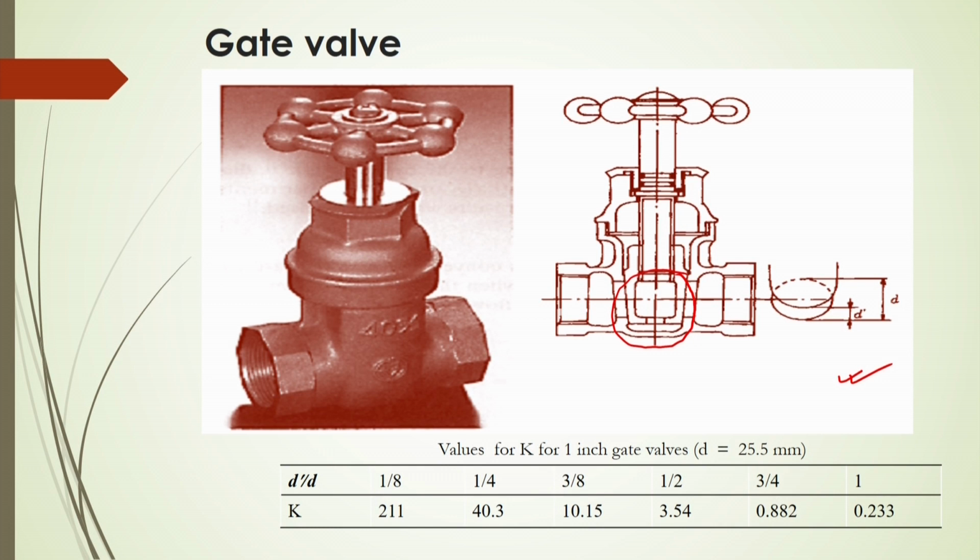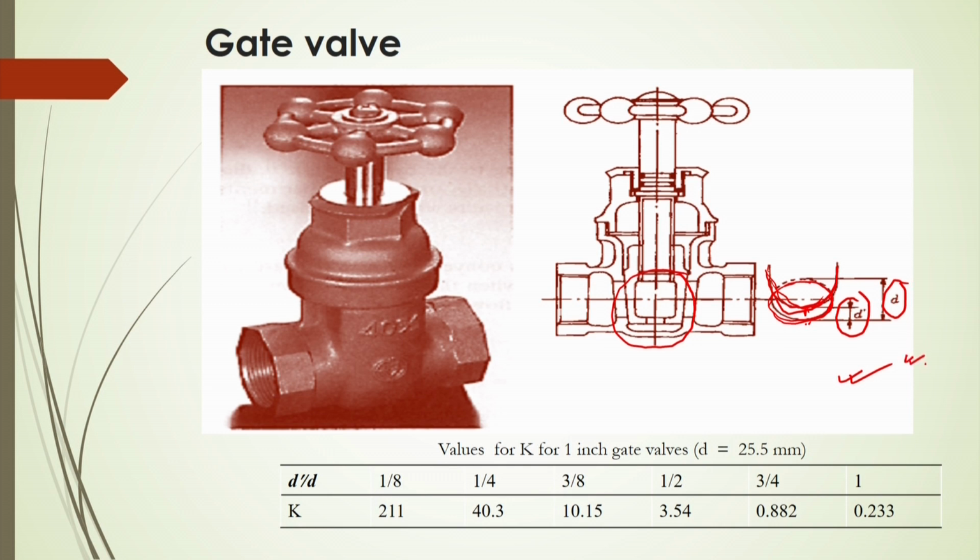There are two noses here; this is the cross-sectional area of the pipe, and this is the nose by which the flow is controlled. The diameter of the pipe is D, and the gap between the nose and the pipe wall is denoted by d dashed.